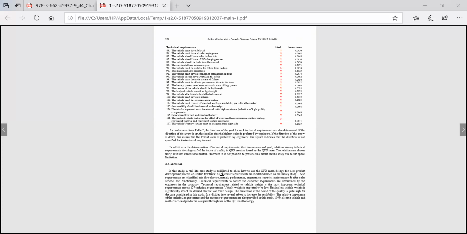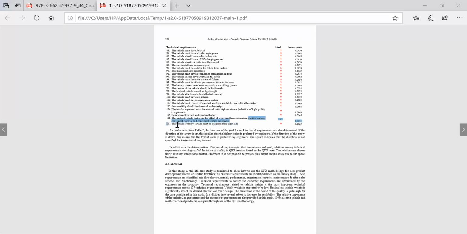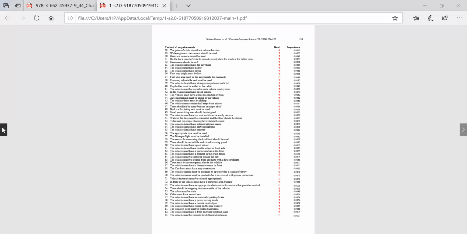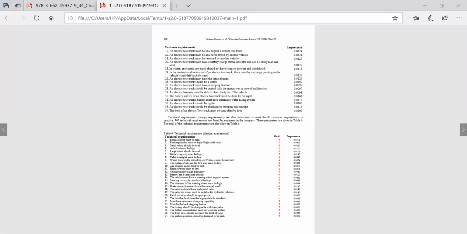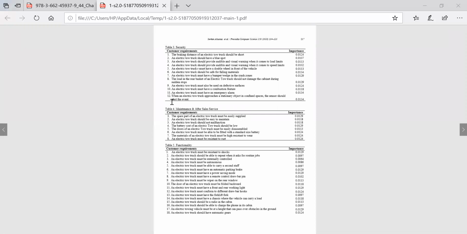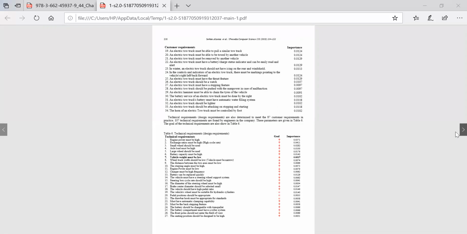Here 87 customer requirements were identified, with a total of 107 technical requirements. You can see the entire list of technical requirements, and these are the 87 customer requirements under different sections. If you add all together, you will get 87 customer requirements under different sections.